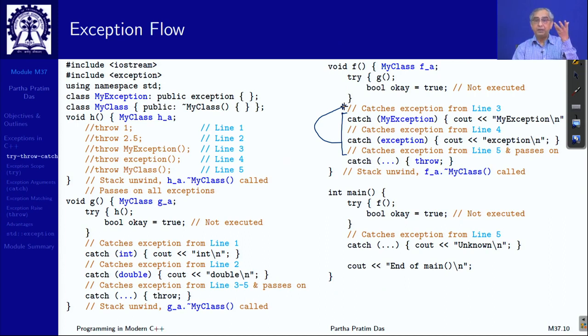So, you will have an upcast and you will just treat it as a generic exception, you will not get the specialized behavior. So, always the more general classes have to occur later, and by extension of that same logic, your catch all clause must be the last one in the list of clauses, otherwise it will hide all other catch clauses that you have written. So, this is the overall exception mechanism, how it works in C++.